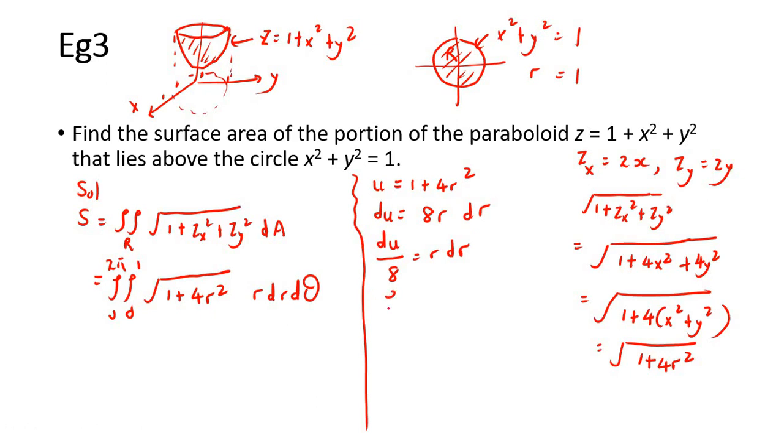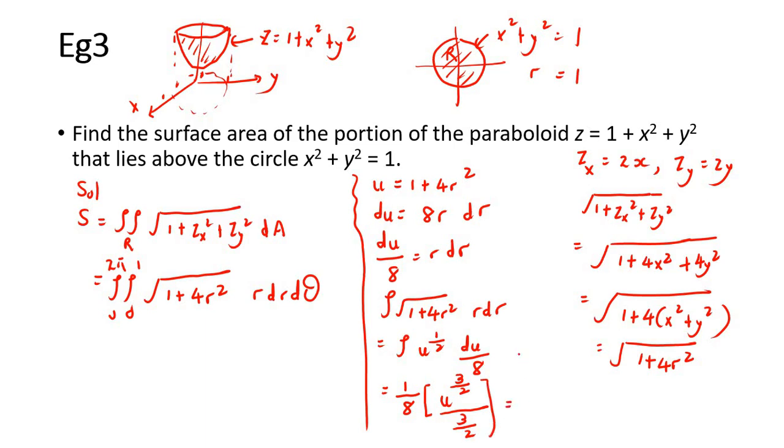Okay, so the integral of the square root of 1 plus 4r squared r dr becomes: 1 plus 4r squared is u, so the square root is power half, and r dr is du divided by 8. So now you integrate 1 over 8 times u power half du. Integration, power increased by 1, so u power 3 over 2, divided by the increased power.